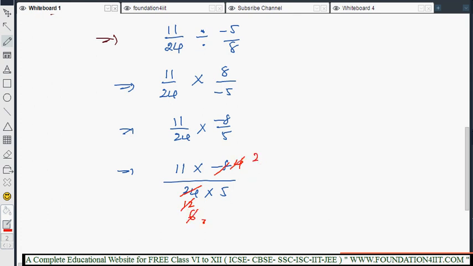Again 2 is a common factor: 2 3s are 6, 2 1s are 2. So finally 11 into -1 by 3 into 5, that is -11/15, which is the answer for 11/24 divided by -5/8.